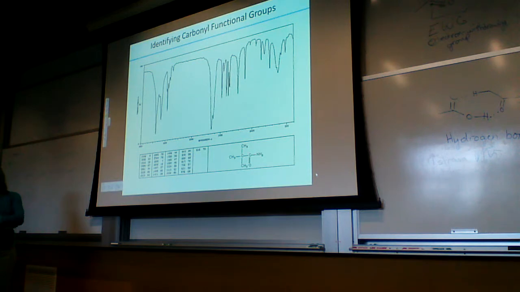So you want to look for, okay, I've got a carbonyl, but what functional groups have carbonyls? There's lots of them. It's not just a ketone. For an amide, we're going to look for NH2 groups. For a carboxylic acid, we're going to look for the OH peak. For an ester, we're going to look for a CO bond.